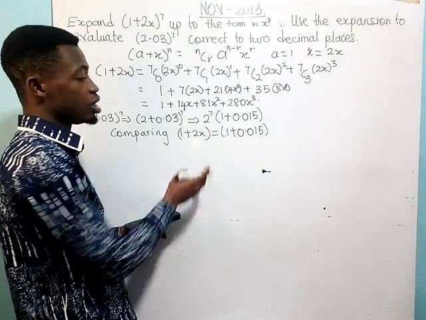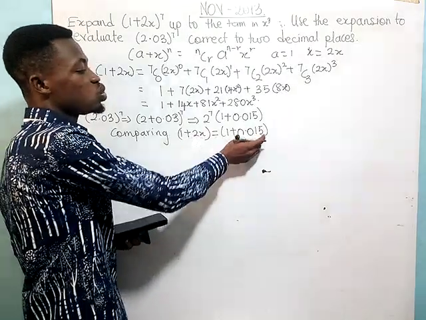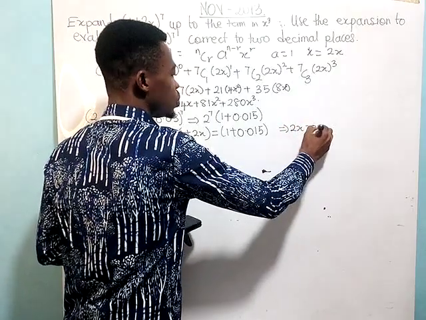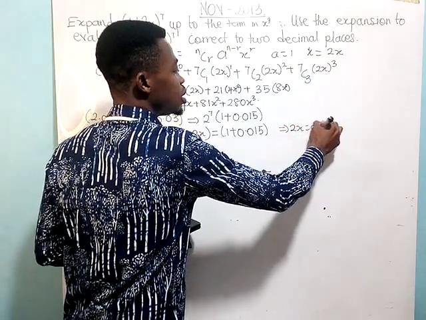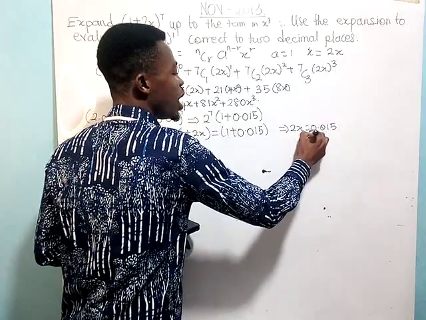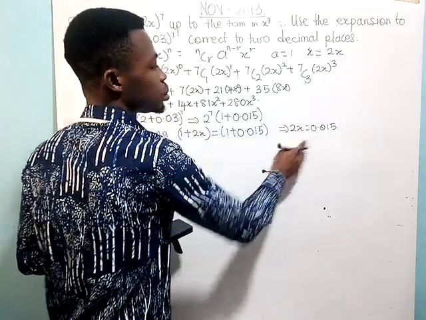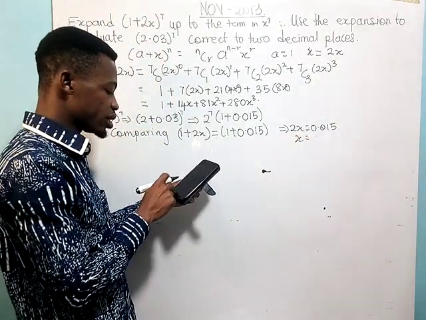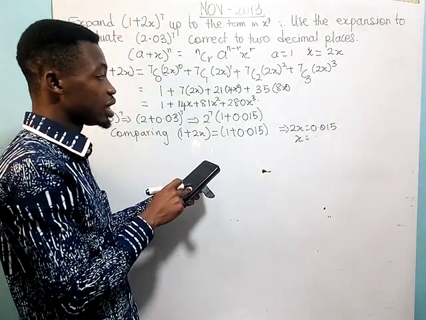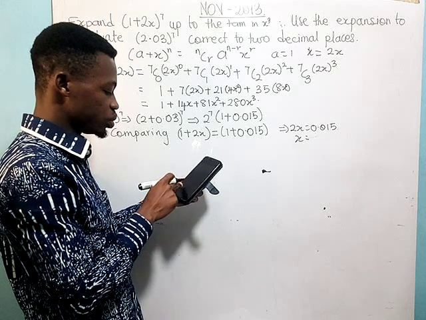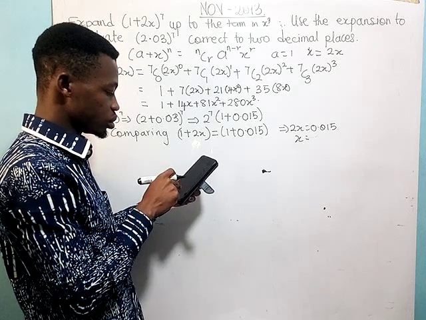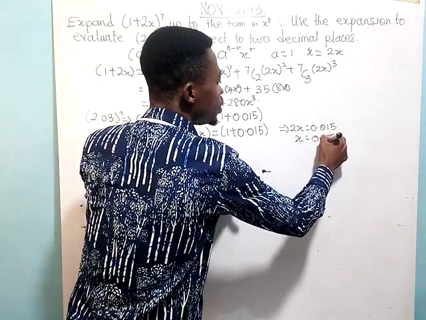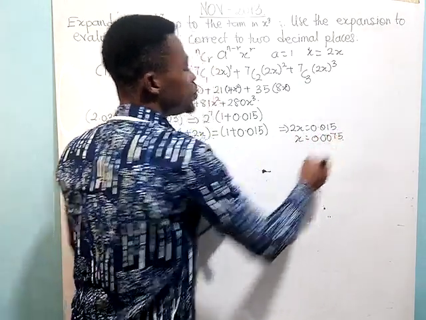That's what we have. Now when you compare, we are going to have 2x equal to 0.015, where x is now going to be 0.015 divided by 2, giving us 0.0075.